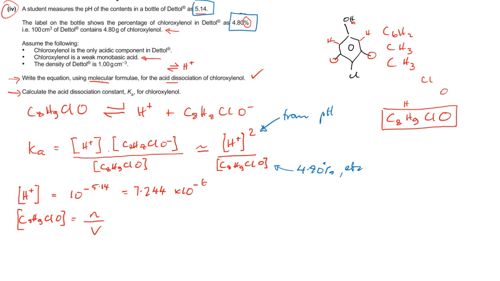We just know that we've got a concentration expressed as a percentage, but we do know that there are 4.8 grams in 100 cm cubed. So we've got mass. Let's substitute in moles equals mass over Mr into this part of the equation.